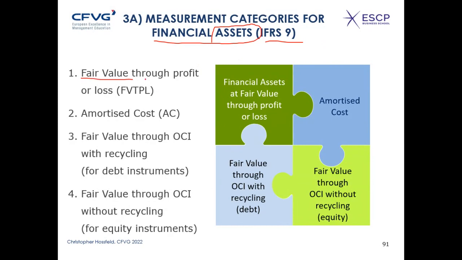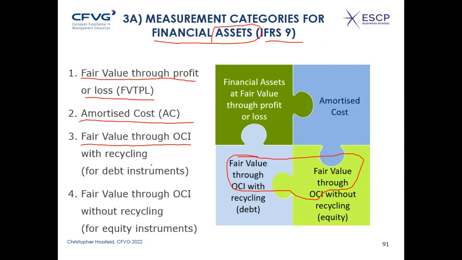The first one is fair value through profit or loss. The second one is amortized cost. And the third one is fair value through OCI. You see, that's the same, except that for some financial assets, we do recycling of OCI. For other financial assets, we do not do recycling. But basically, the measurement method is the same. So fair value through profit and loss, amortized cost, and fair value through OCI.